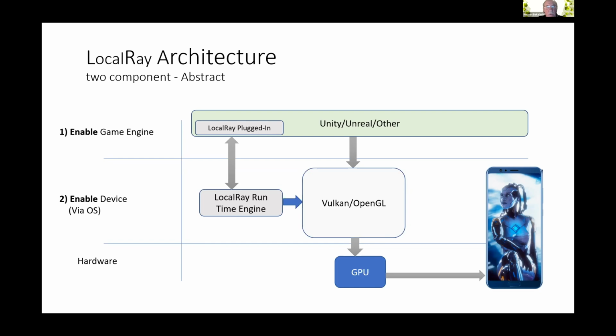And the second component is on the device, the real-time component, which is working with Vulkan or OpenGL, and is working with a GPU, of course, and with a mobile.